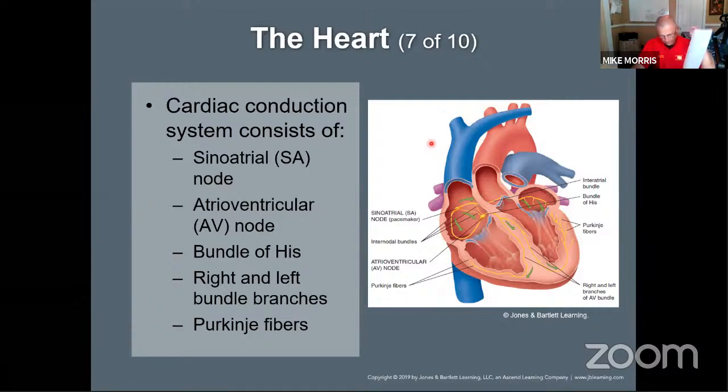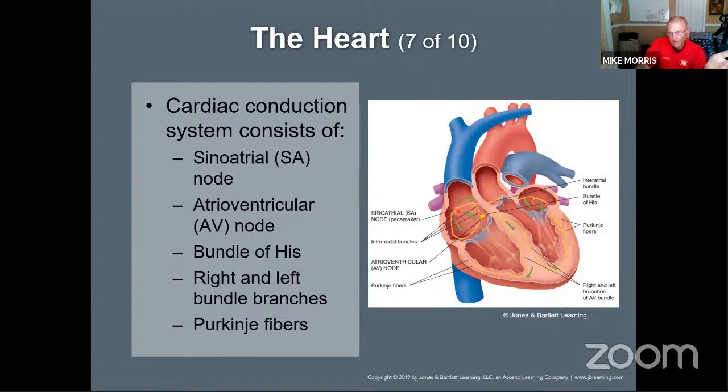I wanted to mention something about that. So yeah, electrical impulses travel down the conductive system right here. So the SA node, usually 80 to 100 beats per minute.